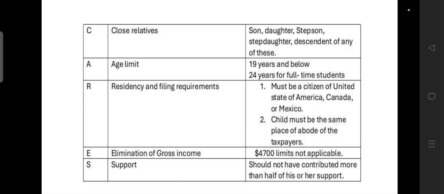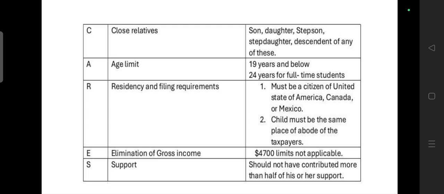Child elimination of gross income. The parent is responsible for taking care of the child, not the child's income. Sometimes the child may do a part-time job and take care of their own needs, maintain a car, or girlfriends, customs in the US. We do not take into consideration any income limit as far as the qualifying child category is concerned. We exclude any income test.